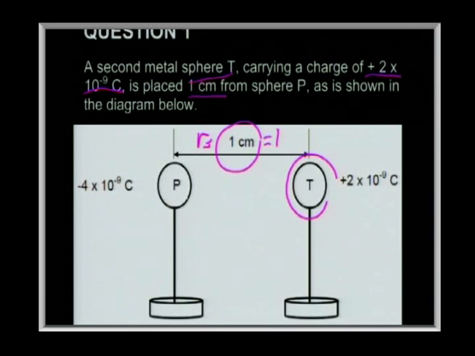We're going to say that's 1 times 10 to the minus 2, because there are 100 centimeters in a meter, changing it to meters. We've got this in coulombs, we've got that in coulombs, and we've got the diagram.